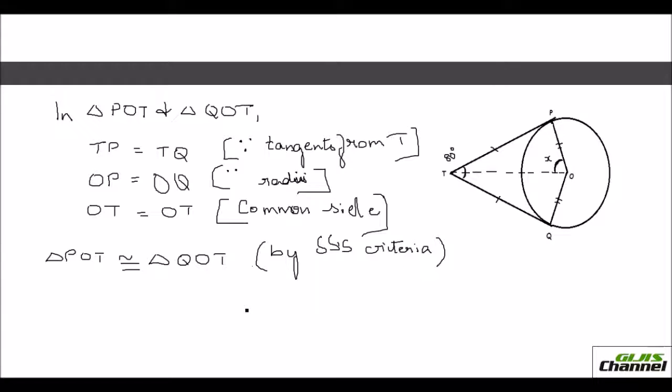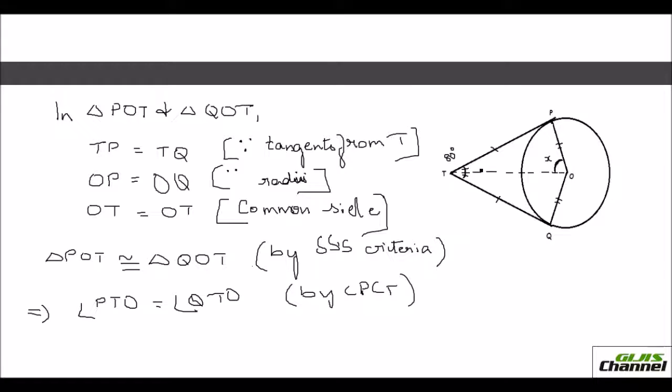You know the corresponding sides and the corresponding angles, right? So I would say this angle is equal to this. Okay. This implies angle PTO is equal to angle QTO by CPCT. Okay.